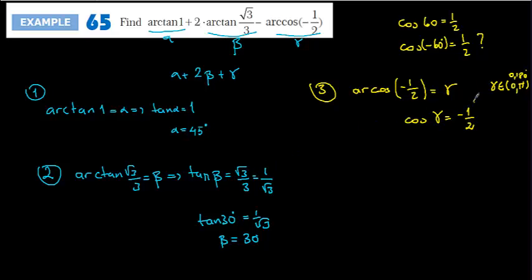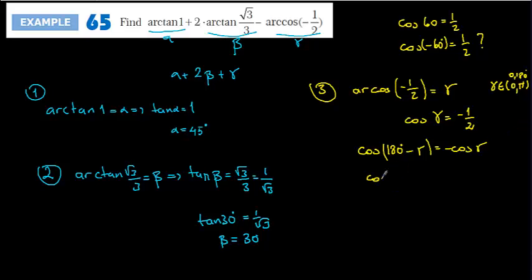It means that I'm going to use the reduction formula here. Cosine of 180 minus gamma, I'm not going to change the function, is equal to minus cosine gamma.